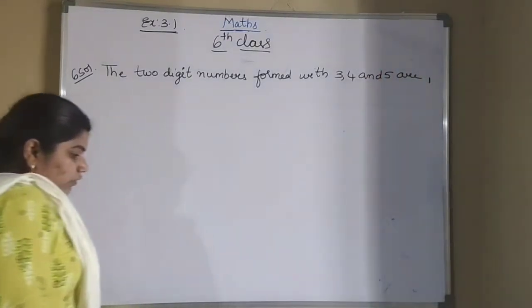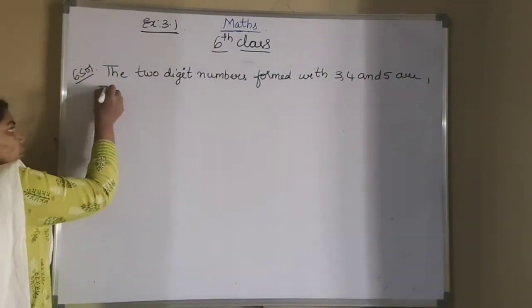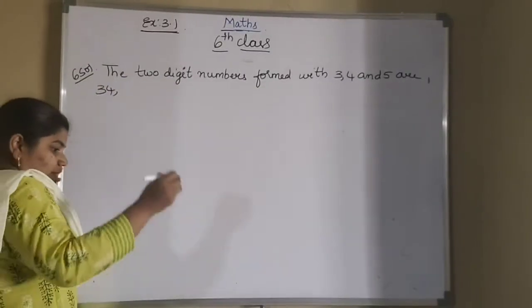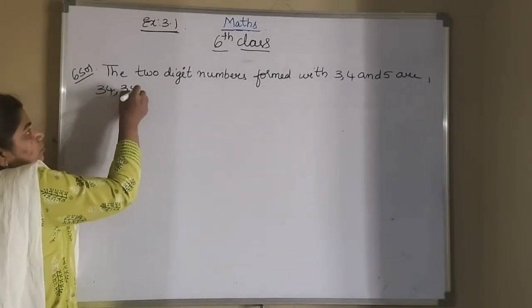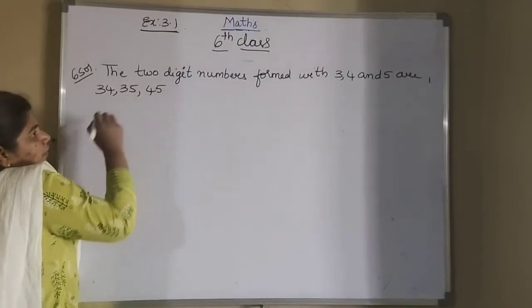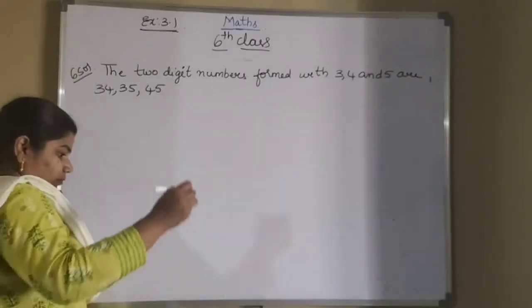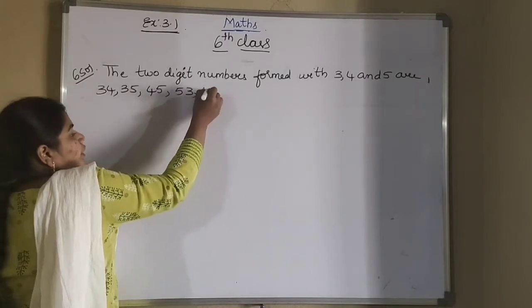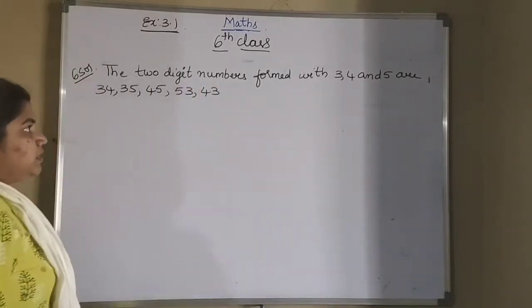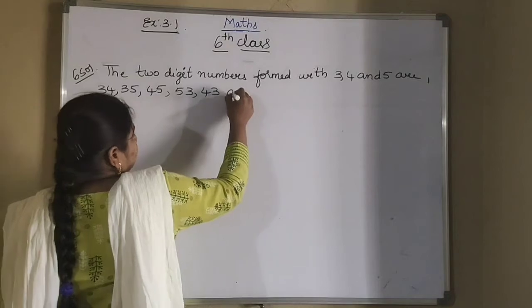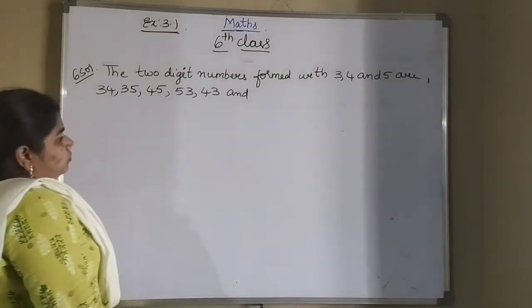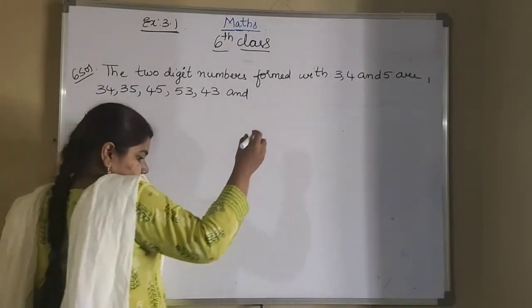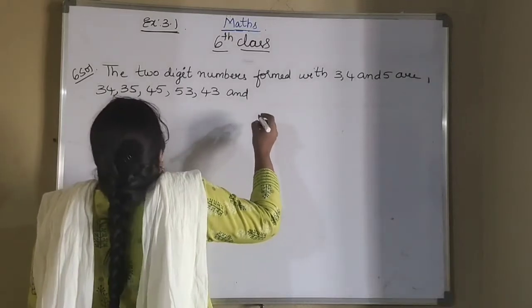So what are the two-digit numbers here? 34, and you can take 35, 45, next 53, 43, and still what you can write, 54.